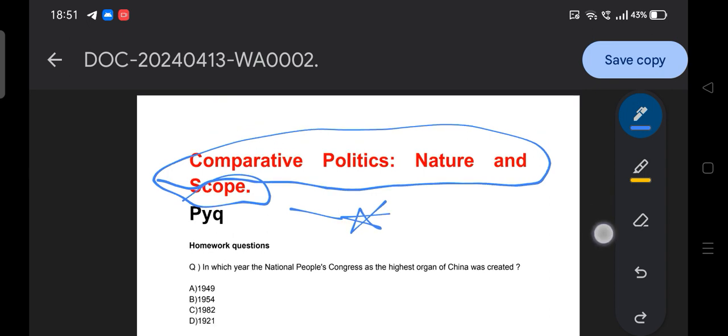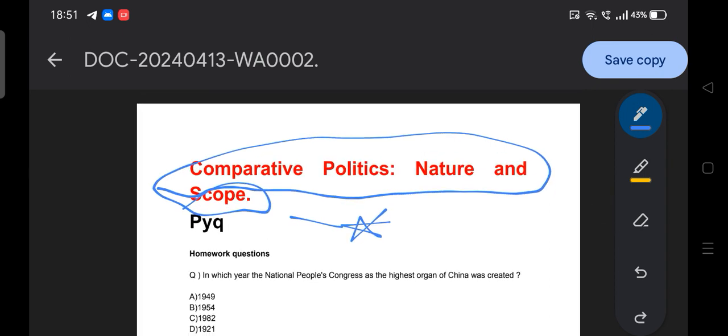Our purpose is specific to the examination only. We will discuss those things which can be converted into questions. We are not here to do a comprehensive study of comparative politics. Let me be clear, we will limit ourselves to the examinations. I hope you all agree with this point.